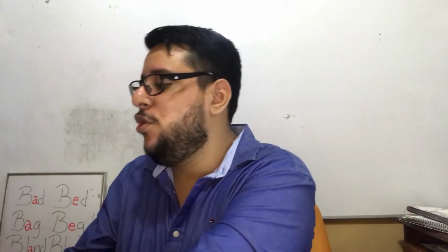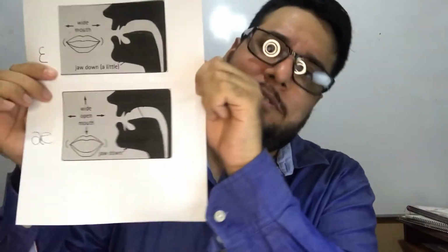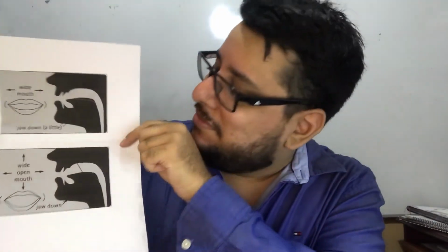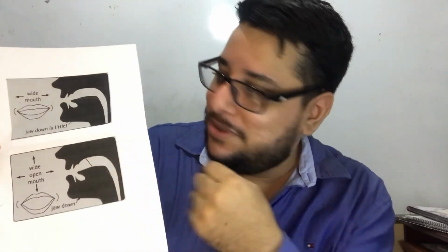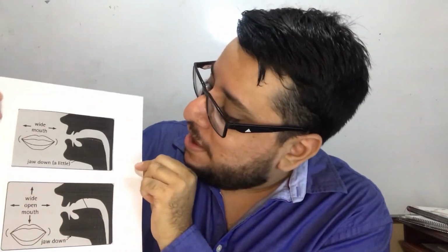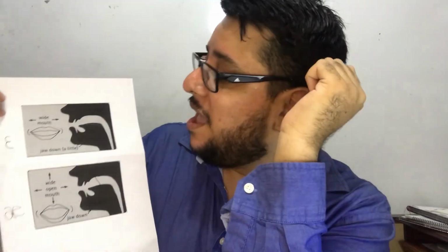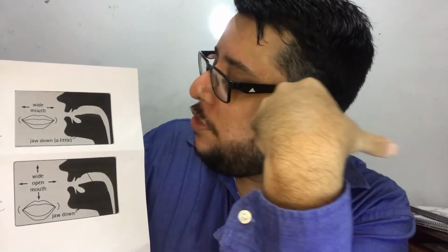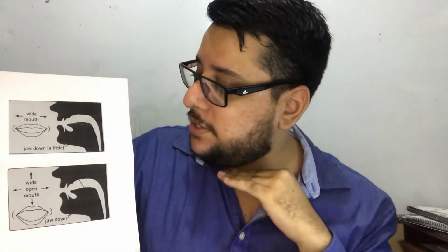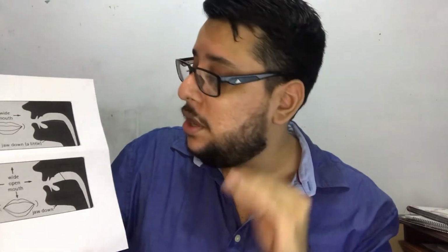Now I'm gonna show you a complicated drawing. Don't be afraid, it's just a drawing of a mouth, of what happens when you make a sound with the mouth. So in this one, it says you have to open your mouth wide and lower your jaw a little.